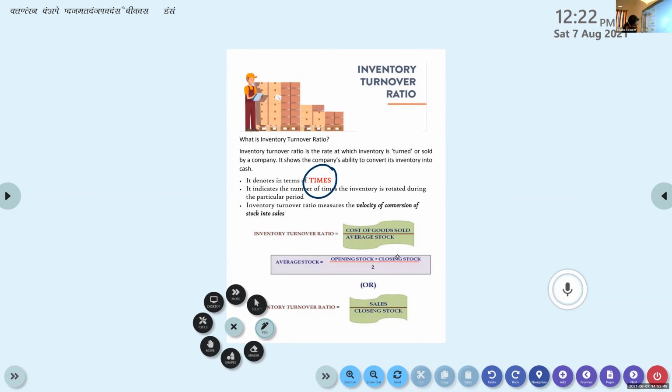Then coming to the cost of goods sold. Anybody remembers how to find cost of goods sold? Karthik, can you try?